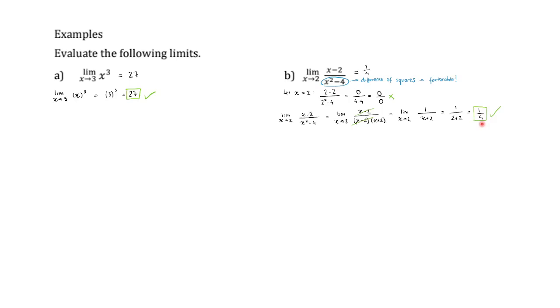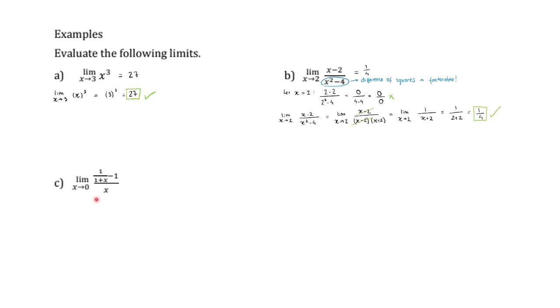Now let's take a look at another example. This time around, we have the limit as x approaches 0 of 1 over (1 plus x) minus 1 over x. And so this is what we call a complex fraction. And again, we might first want to try and plug in x is equal to 0 just to see if it works.